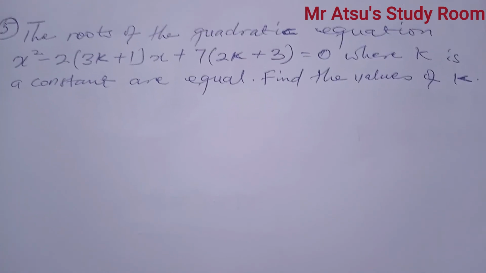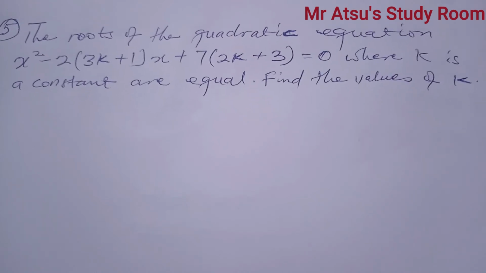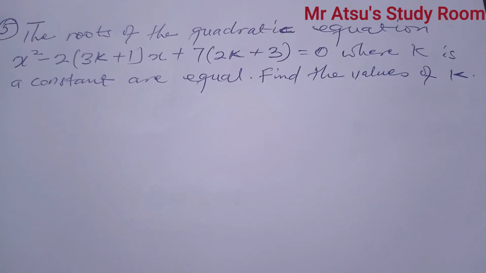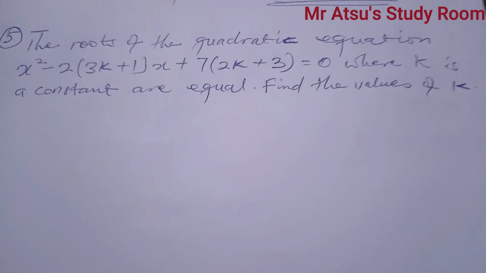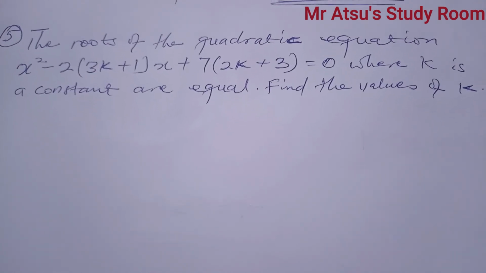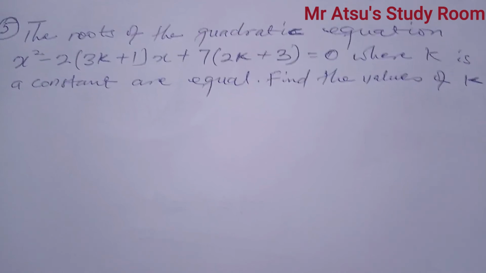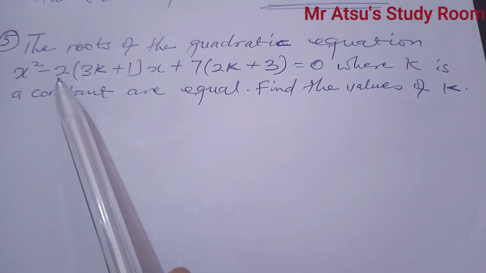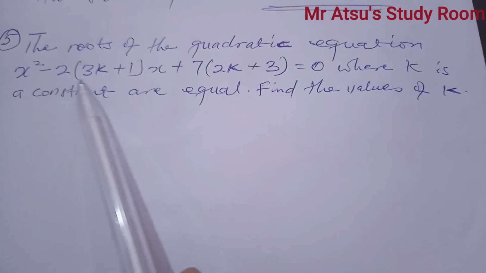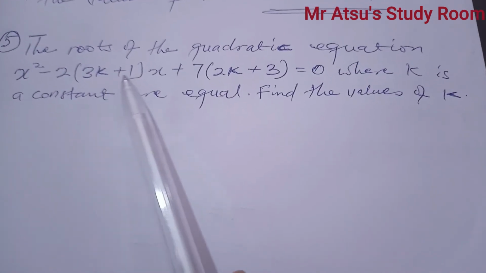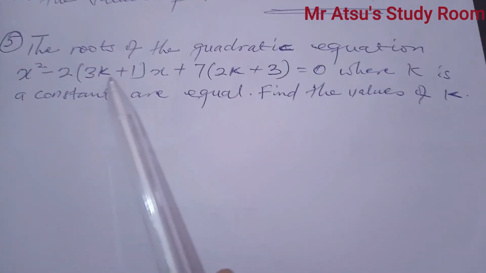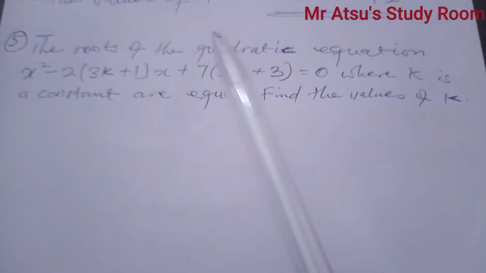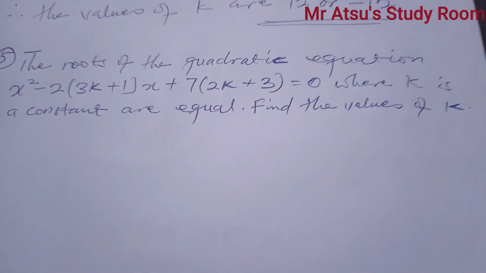Like I said earlier, solve this and feel free to share your answers with me in the comment box. But just to remind you quickly, this looks a bit complex, but not as complex as you might be thinking. b, the whole of here, negative 2 multiplying the 3k plus 1, are all the coefficient of x, and the whole of what is here is also the constant term, or the c.